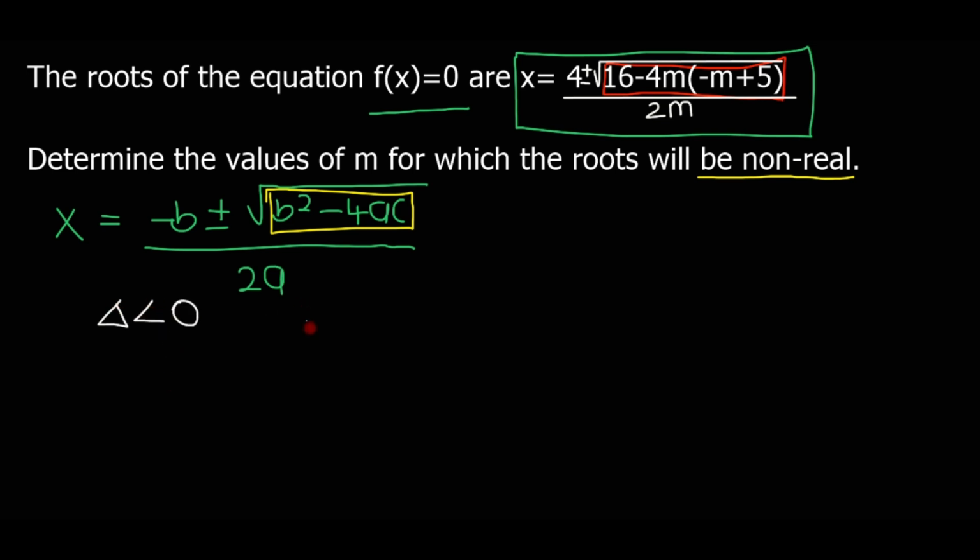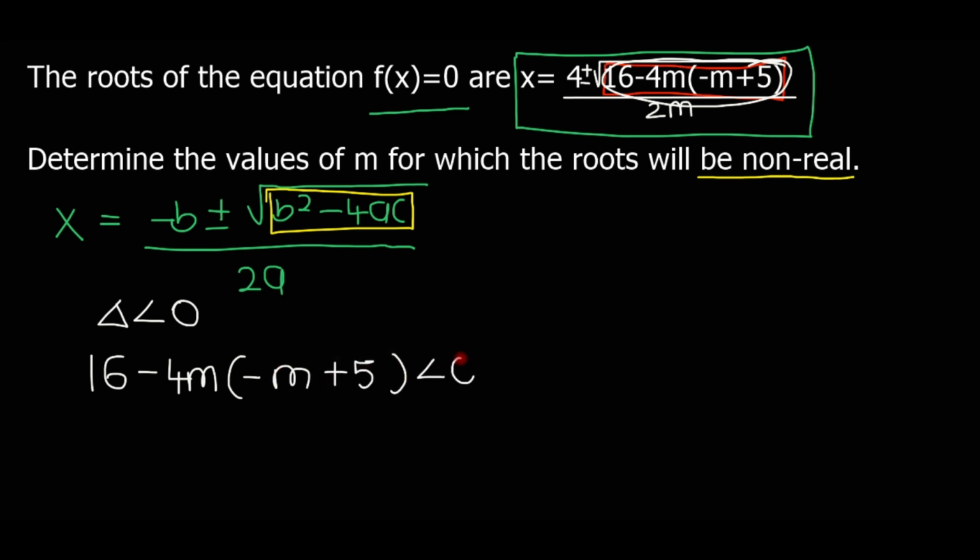And then for this problem, discriminant b squared minus 4ac, and then get this part. So we are going to substitute with it, we say 16 minus 4m at minus m plus 5, and then less than 0.